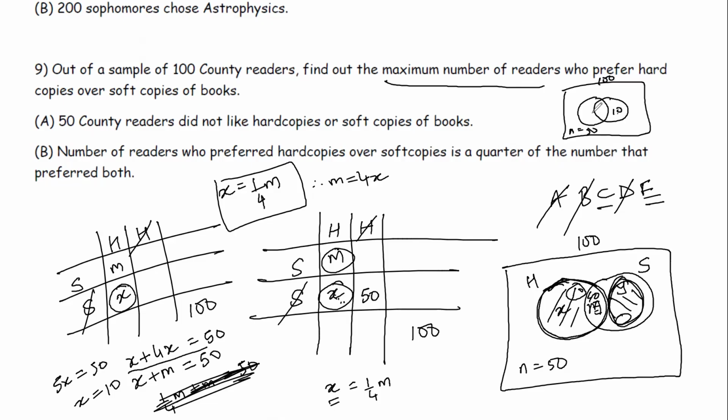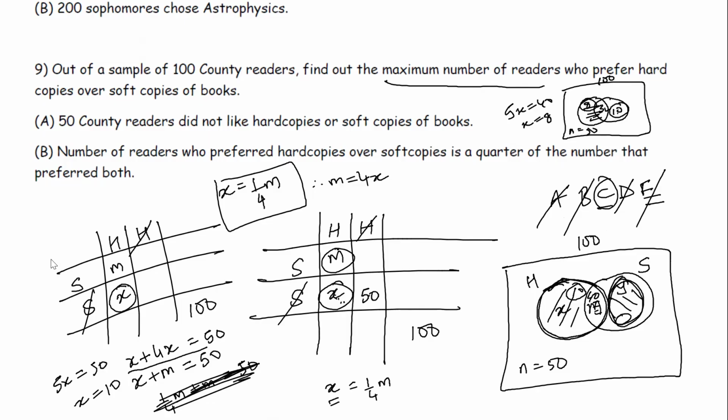So these two together should be 40. If these two together is 40, then 5X is 40, X is 8, and 4X is 32. So we are getting 8. So we can plug in numbers and we'll see that the best possible answer is when we take S as 0. Instead of 10, when we take S as 0, we get the best possible answer. So together it answers. Maximum possible number is 10.